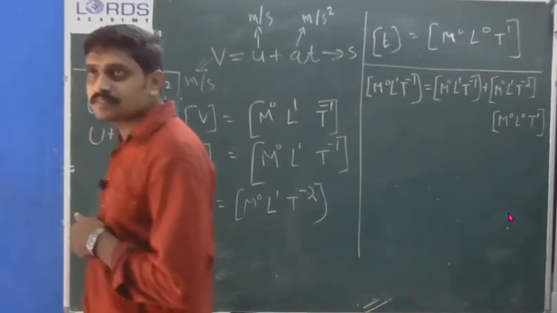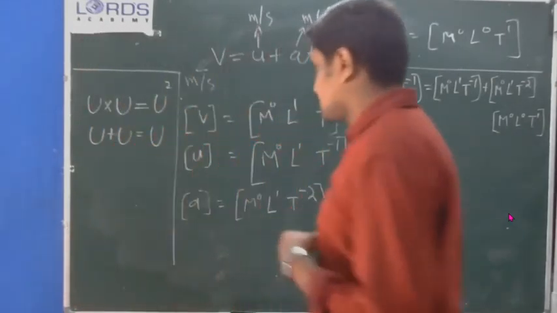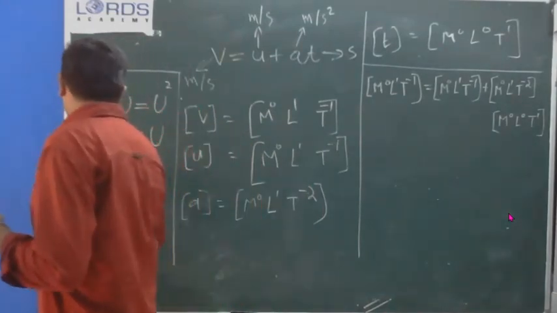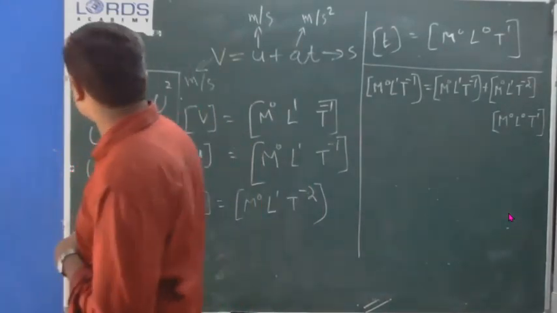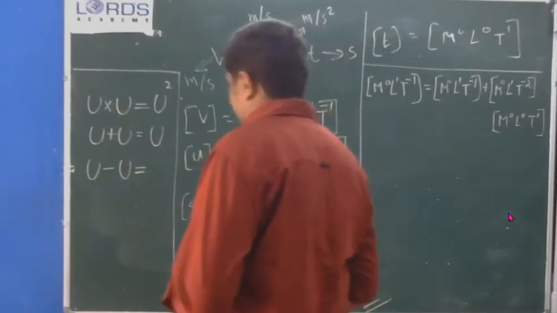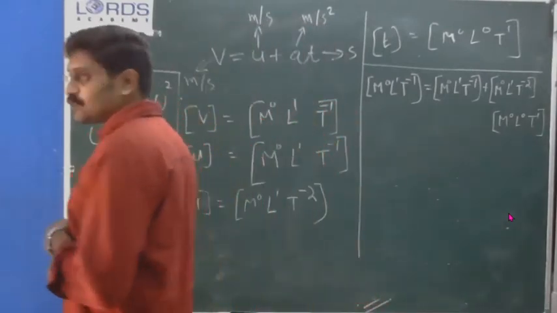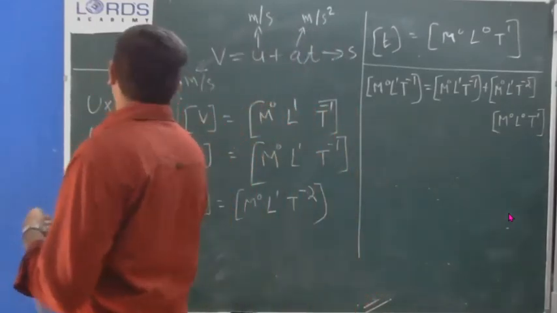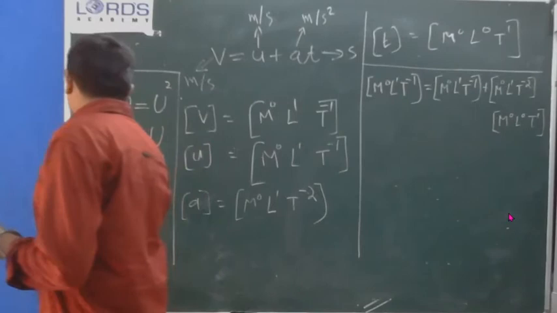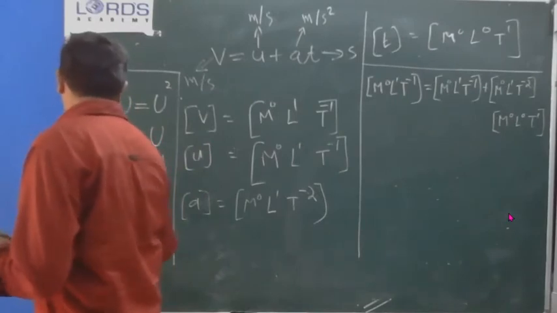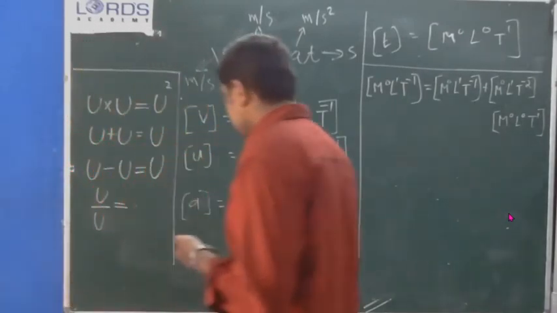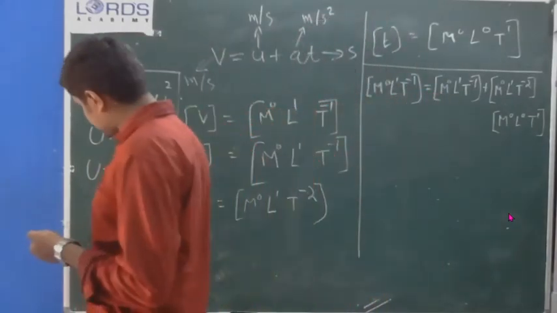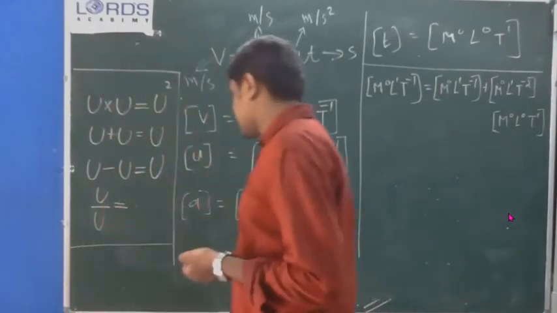Is it correct? 2U. Okay, let's see. What is U minus U? 0. U by U. What is your response? 1.